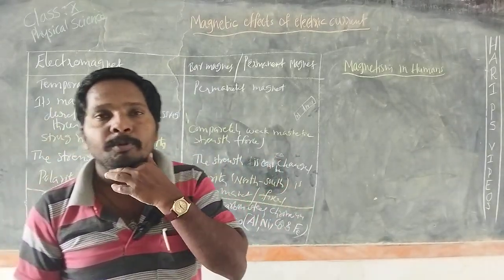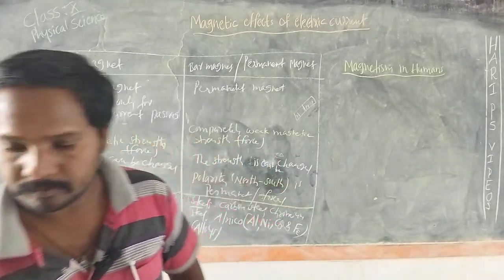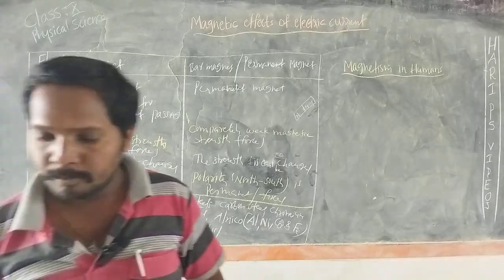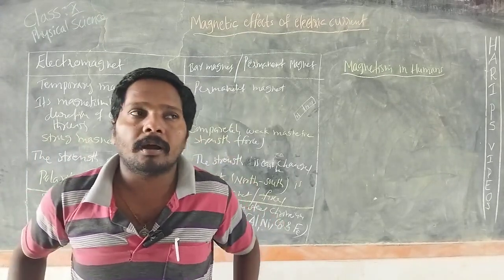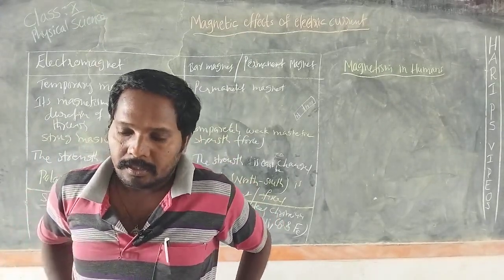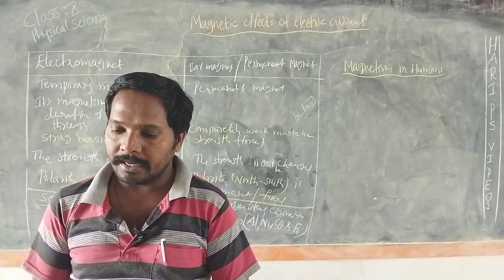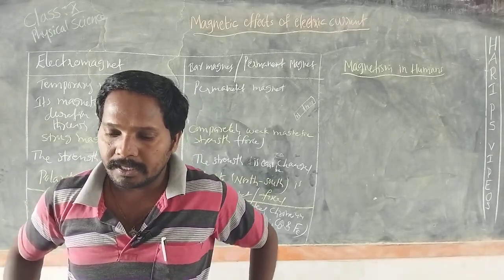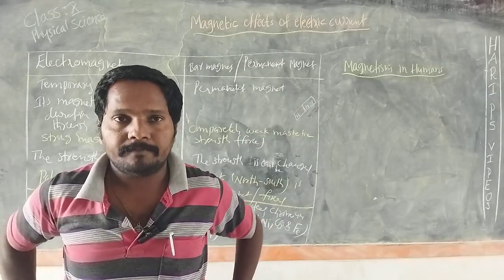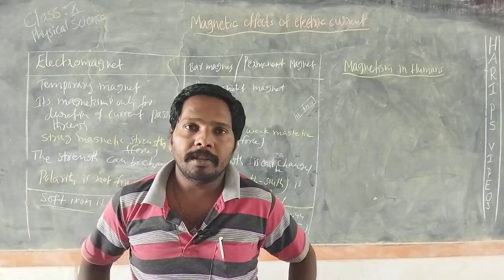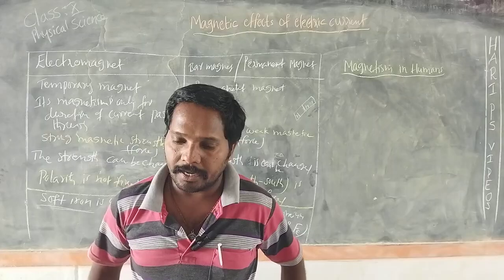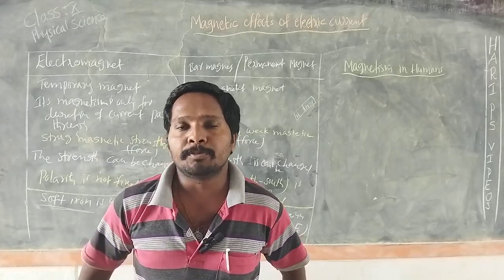A weak electric current is produced in our body by the movement of charged particles called ions. These are called ionic currents. Now we already know that whenever there is an electric current, a magnetic field is produced.